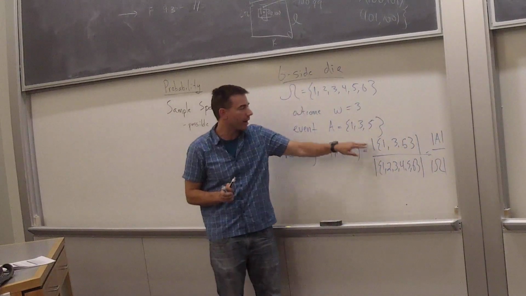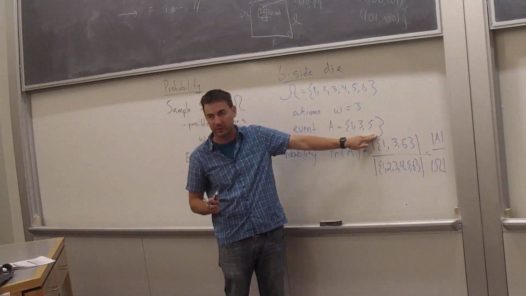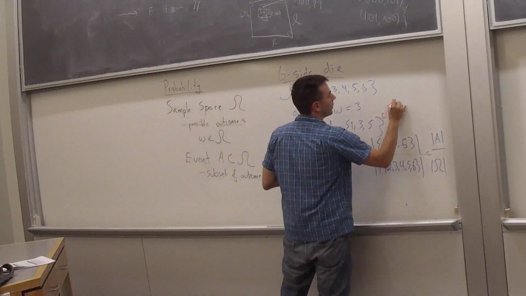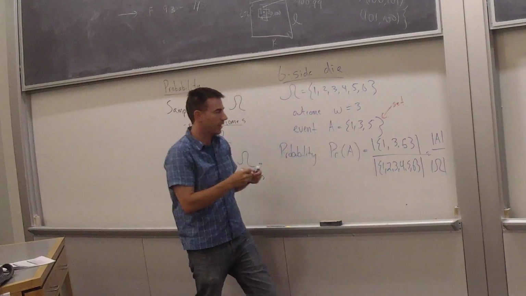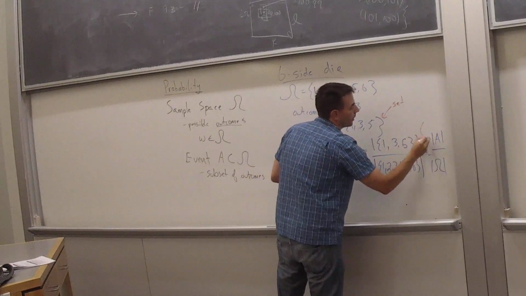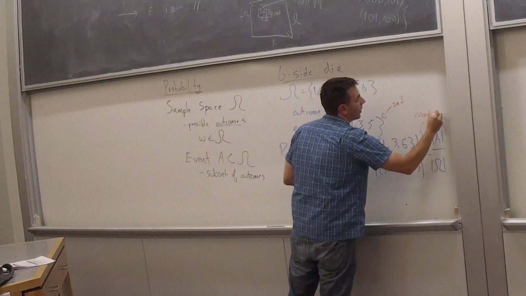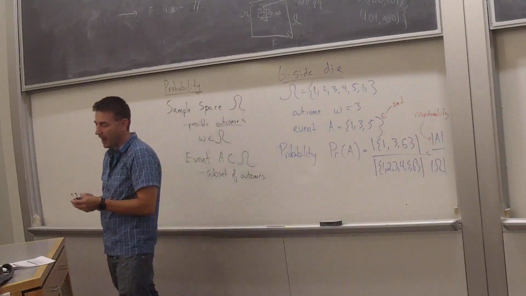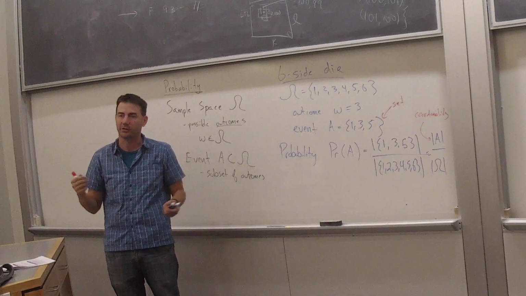If I write these curly brackets with things in them, this means it's a set. If you haven't seen this before, this is the notation of a set. These are the elements in the set. And then these bars here are called the cardinality of the set, which is the number of elements in the set, or the size of the set.